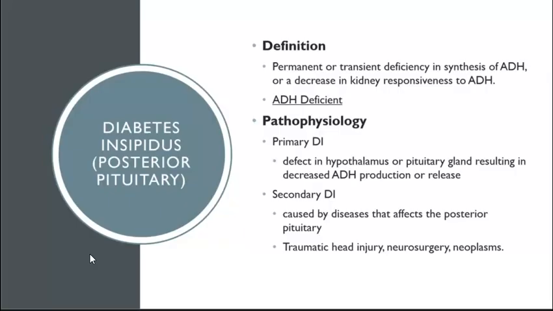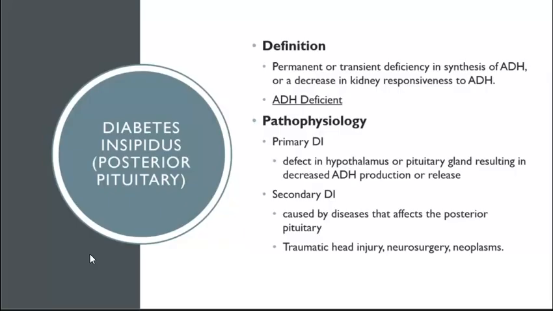So diabetes insipidus. We hear this and we automatically assume, oh, it's just diabetes. Well, that's not what's happening. Diabetes insipidus is due to being deficient in antidiuretic hormone. So a permanent or transient deficiency in the synthesis of antidiuretic hormone, or our kidneys not being able to respond to antidiuretic hormone.